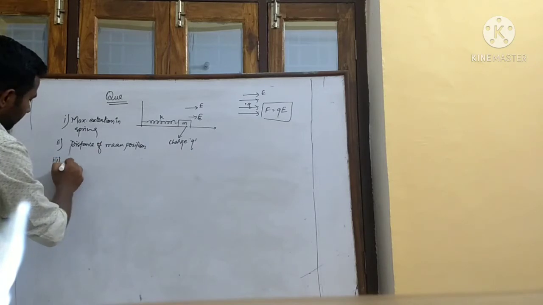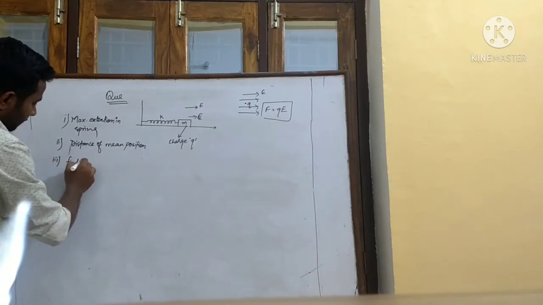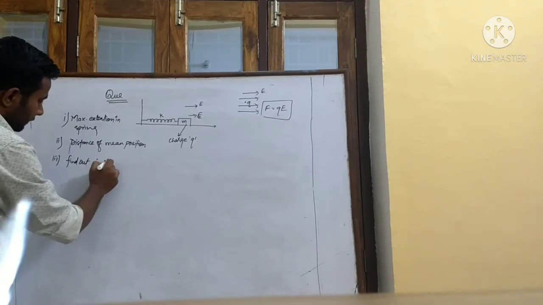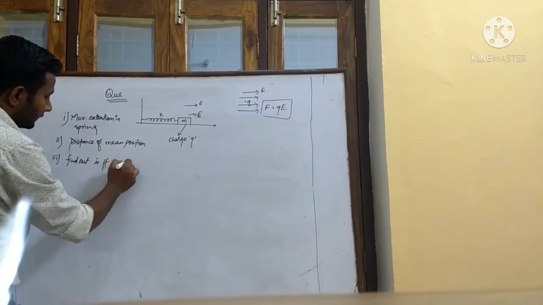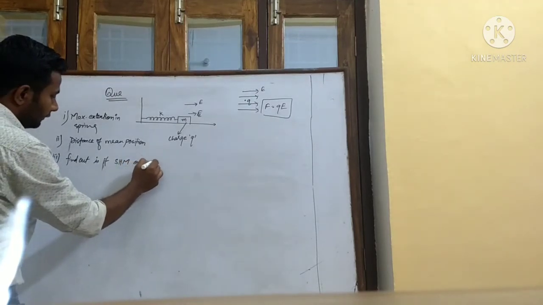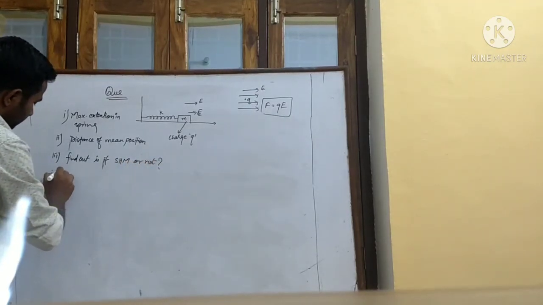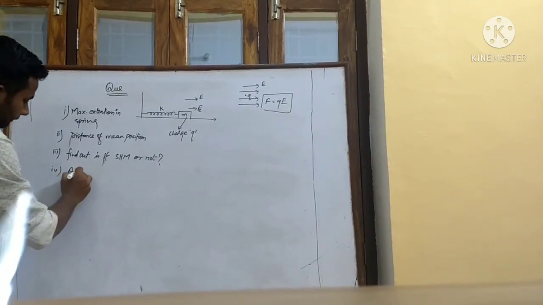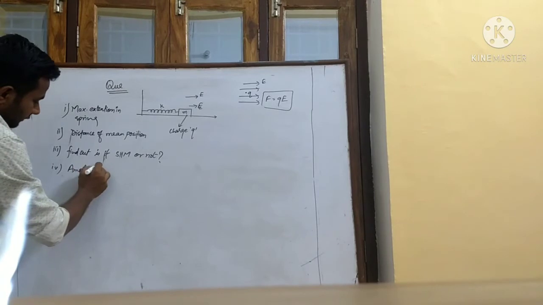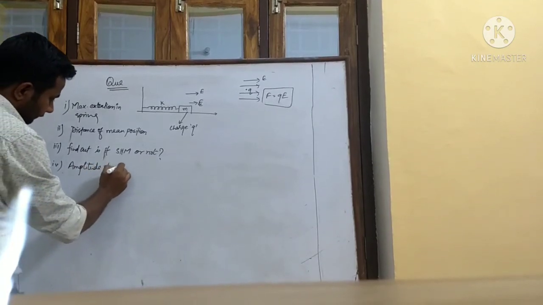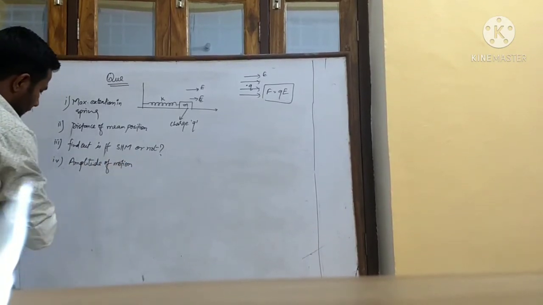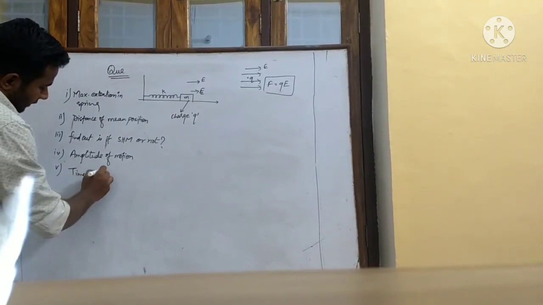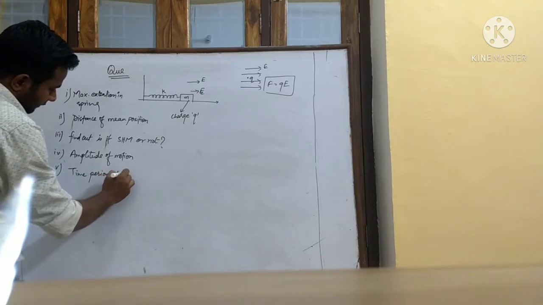Third, find out whether it is SHM or not. Fourth part is the amplitude. Fifth part, the time period of motion.